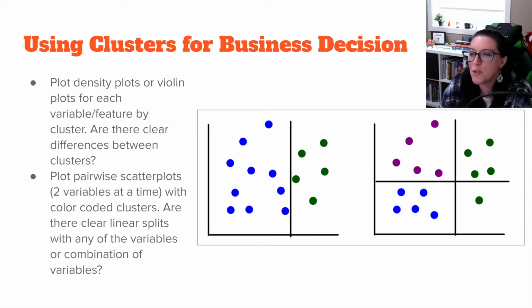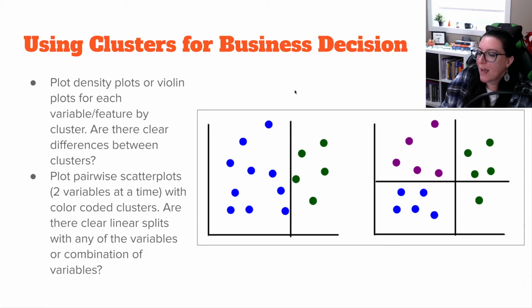So if we were to plot two of the variables, for example, in a scatter plot, where we color-coded the labels that our cluster analysis gave us, is there a nice clear linear split? Which means, so for example, if this is company size, big company, little company, we could then action that into decisions where we would treat these groups differently.